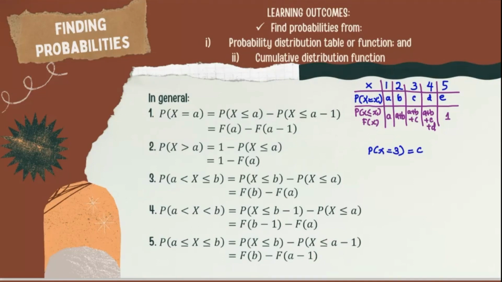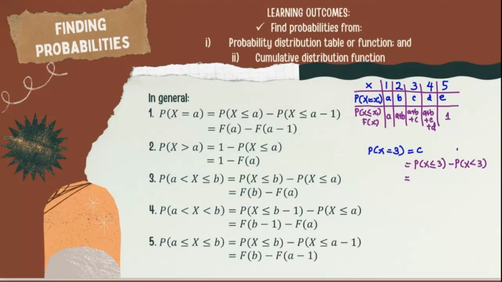So, kalau diberi yang warna purple ini, so untuk dapatkan P of X equals to 3, yang dekat sini je. So, kalau kita gunakan this probability, so P of X equals to 3 will be equals to P of X less than or equals to 3 minus with P of X less than 3 ataupun P of X less than or equals to 2.